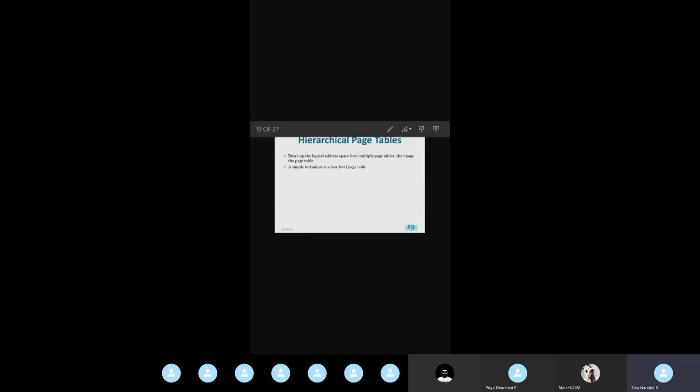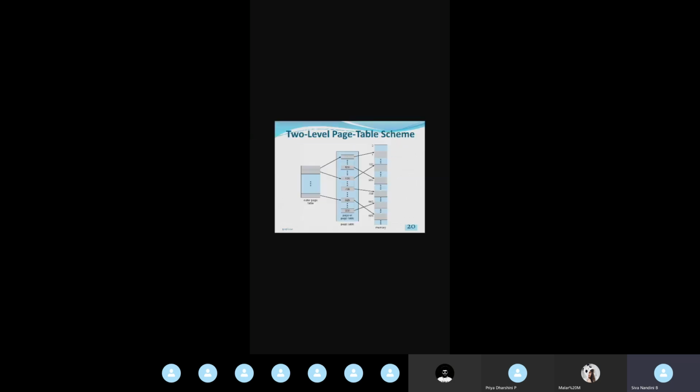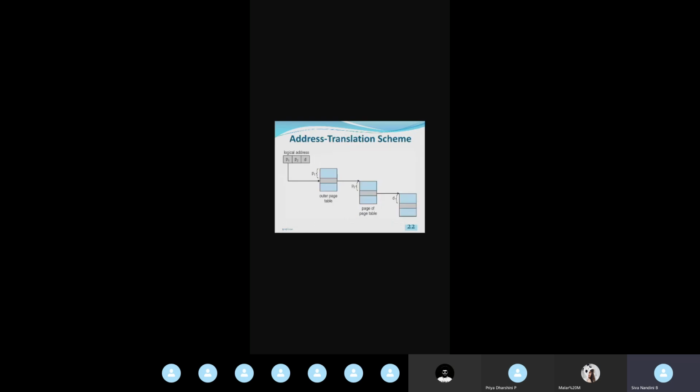Using this hierarchical paging, we can have 2-level paging or 3-level paging, or like that we can have 4-level paging also. Using this, we can split this page table, which is a large continuous memory, into 2 or more page tables, so that we'll be having a non-continuous page table. It is inner page table, outer page table, or outer page table 2. Like this, we will be having in the 3 level paging scheme and all. So all these we have seen in today's class.